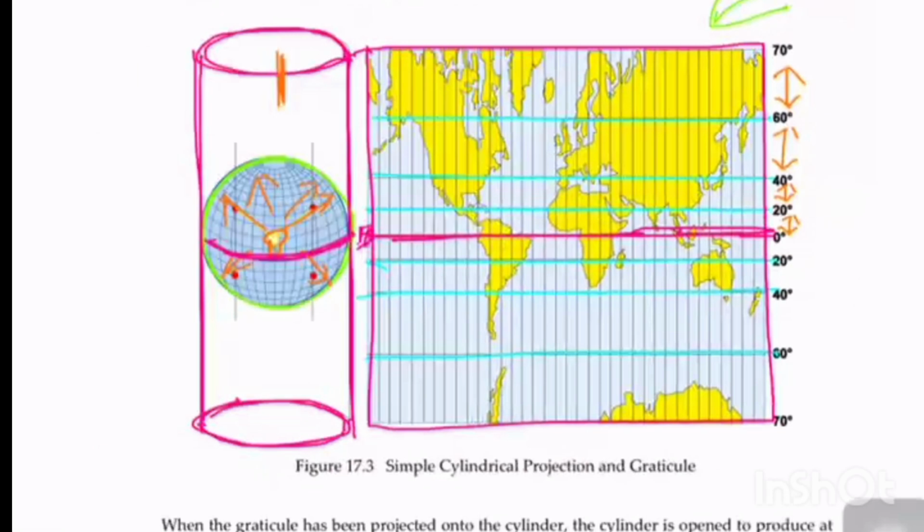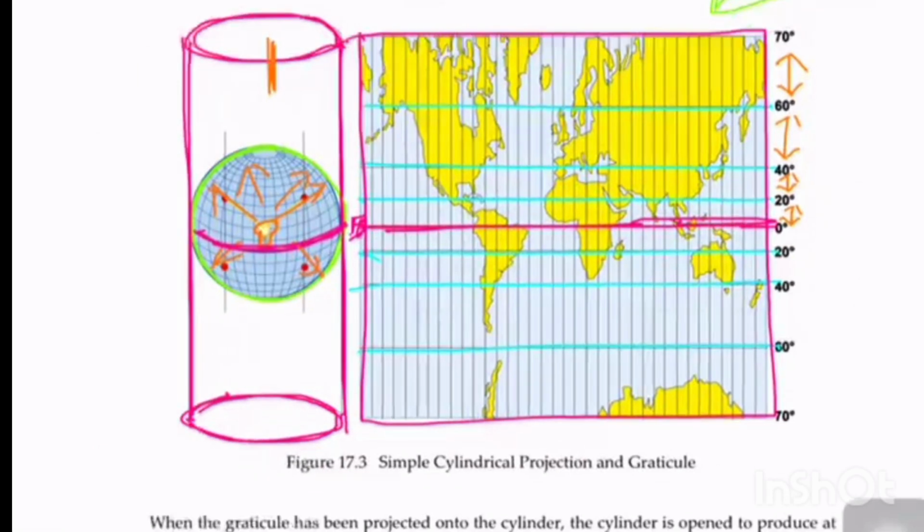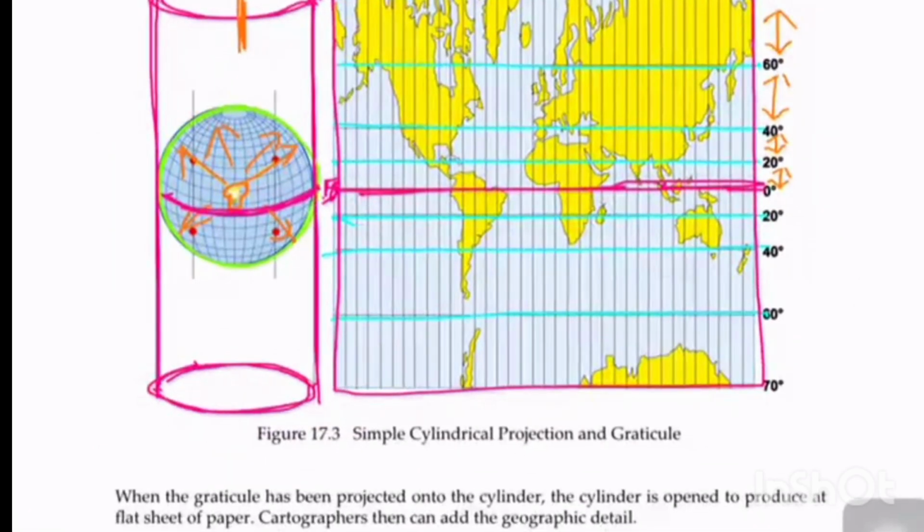Continue. When the graticule has been projected into the cylinder, it is opened to produce a flat sheet of paper. Cartographers then can add the geographic detail. Note that the shape looks a little strange. This is explained in chapter 18.